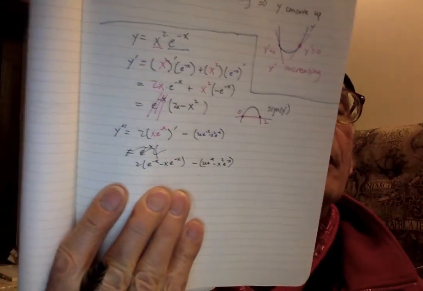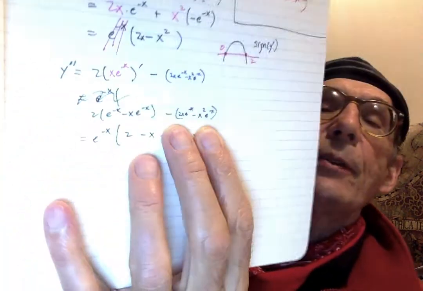Oh, I never actually took this other derivative. Anyway, so 2 times e to the minus x, minus 2x e to the minus x squared e to the minus x. And I believe I've done this algebra correctly. It agrees with what I have in my notes, so it must be correct.